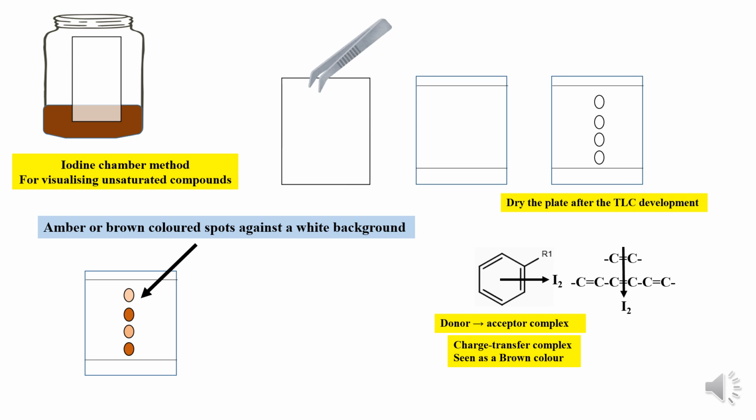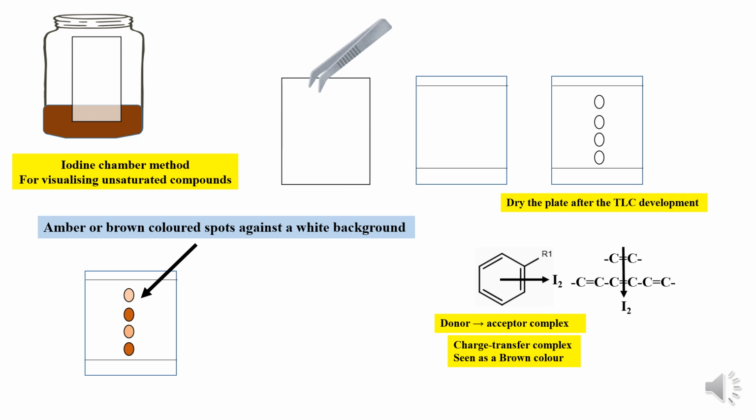Now in the iodine chamber, the iodine is highly volatile in nature. It sublimes and vapors of iodine fill the chamber. And generally, it takes more time for the brown or amber colored spots to appear.